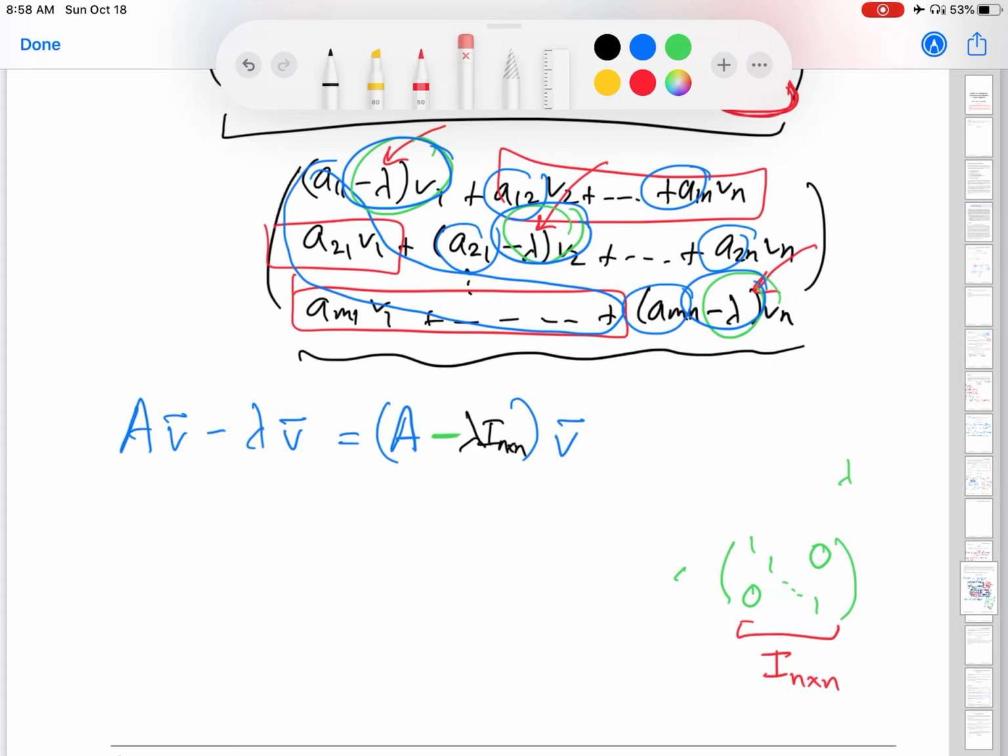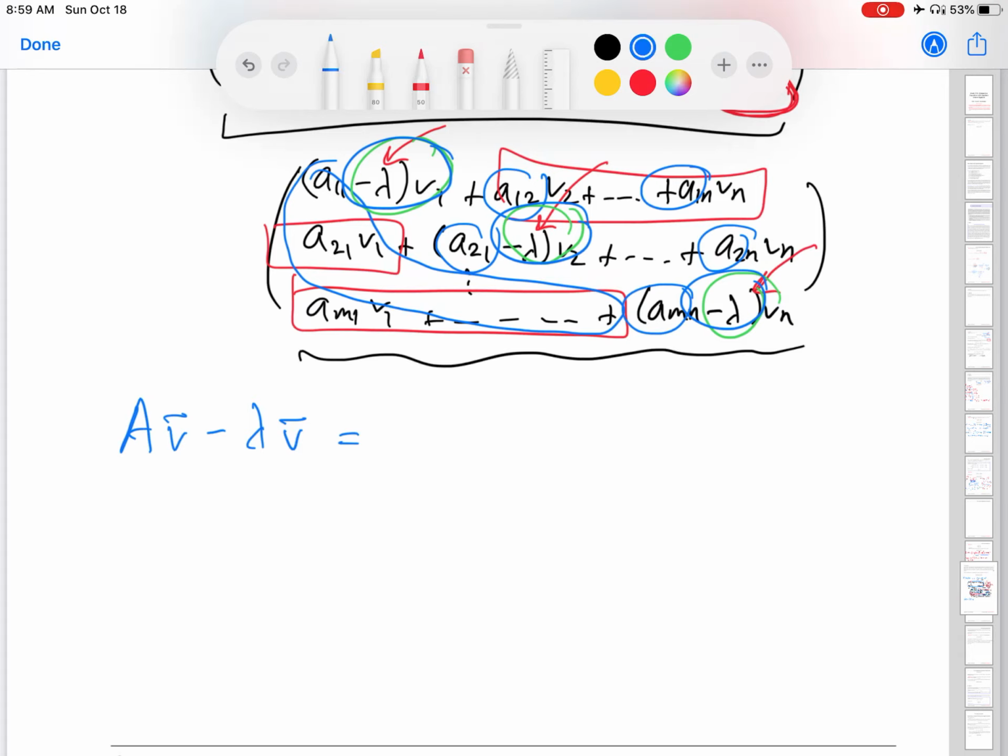The takeaway is that I've finally been able to correctly factor out the v on the left-hand side. So I'm just going to write this over in slightly cleaner form. Now this is A minus lambda I n by n times v. And I'm going to make a small notation change: I'm going to get rid of the n by n.